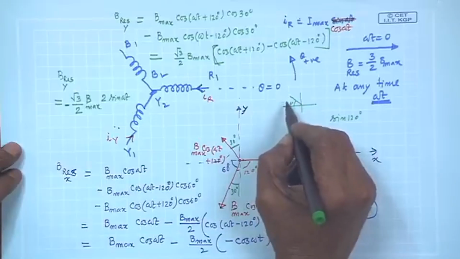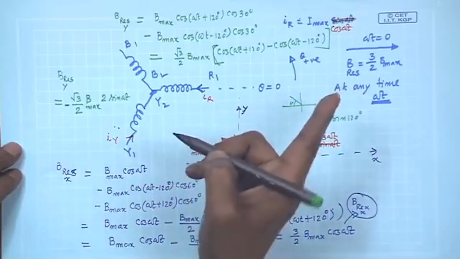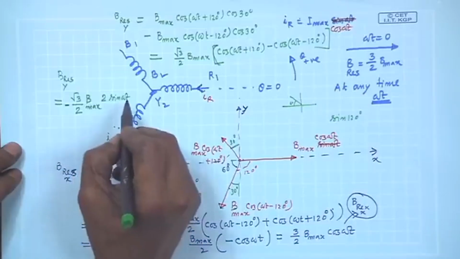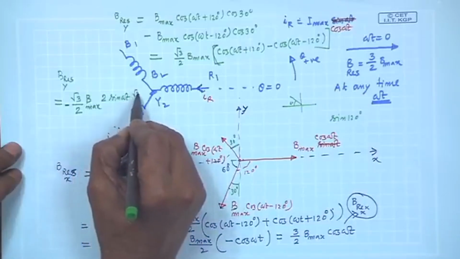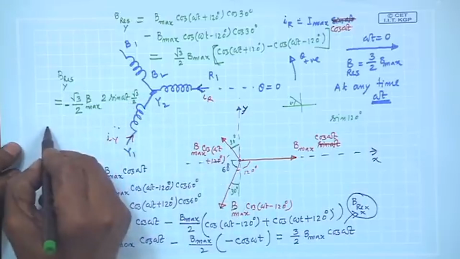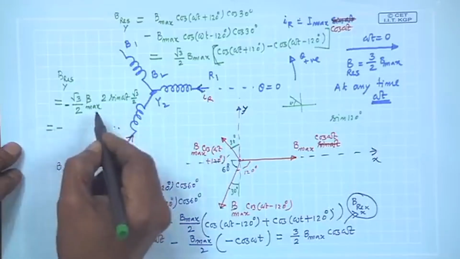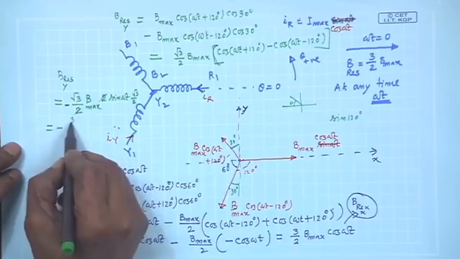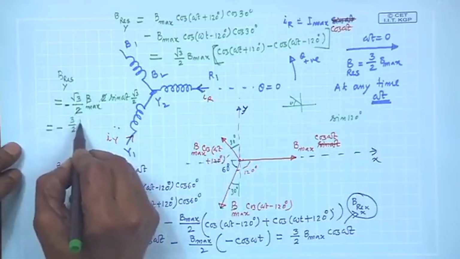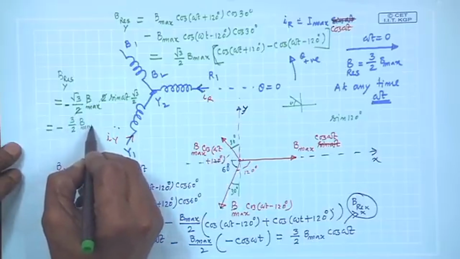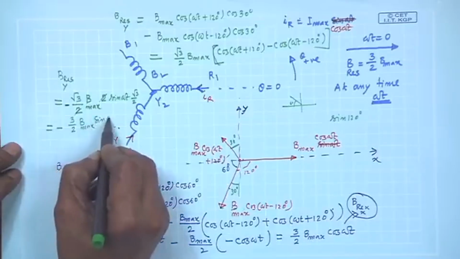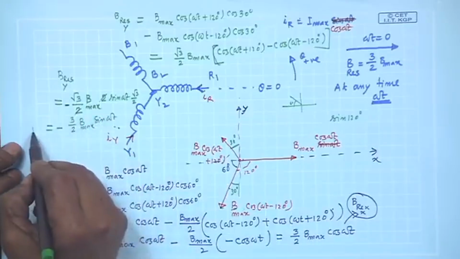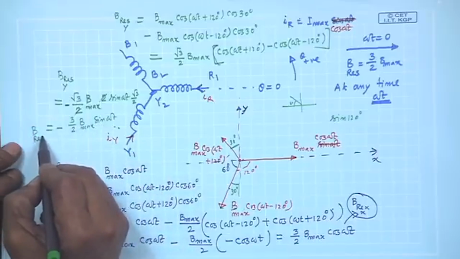So, sin 60 is root 3 by 2, into sin 60, root 3 by 2. So, this will then become minus, this 2 goes, and it will be 3 by 2 B max sin omega t. So, this is B resultant y.